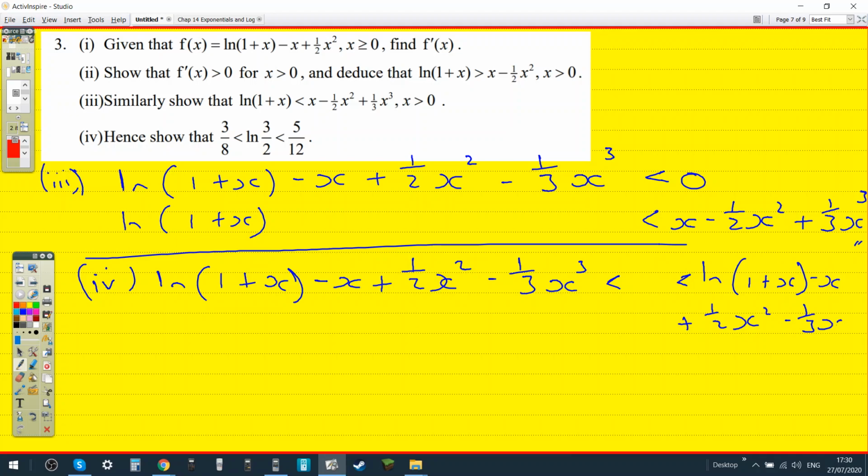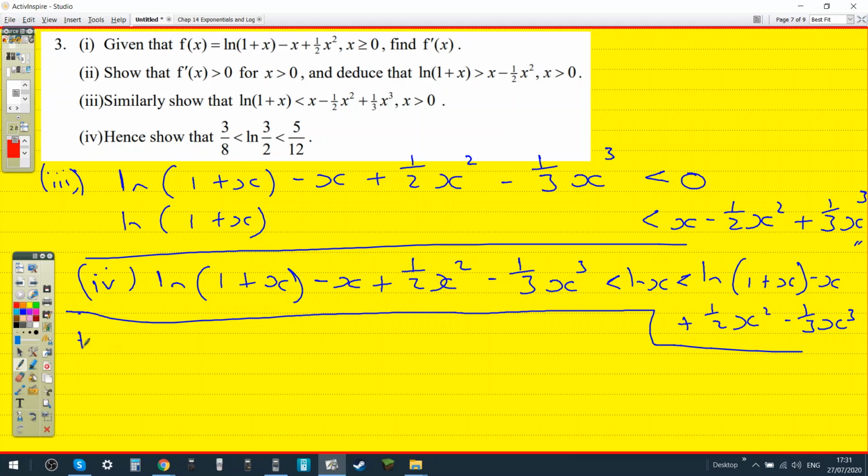I don't know how you show. Let's put ln x there, I'm sure. But then wouldn't that mean x is equal to 3 over 2? So maybe we need to show that using, let's say, the second one.